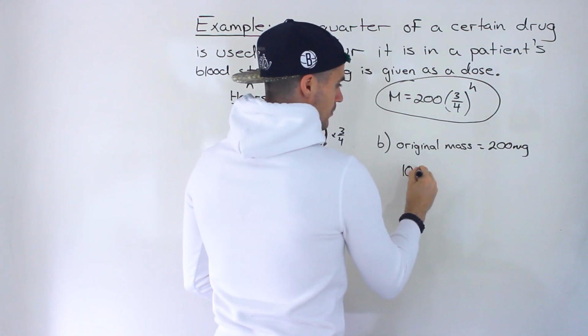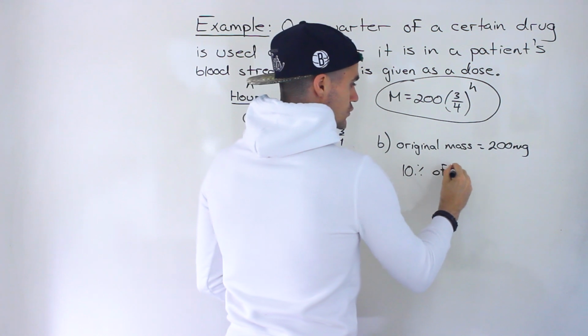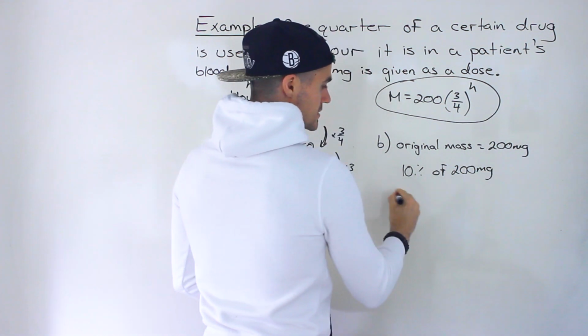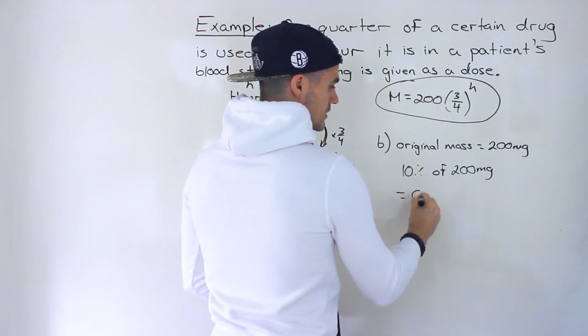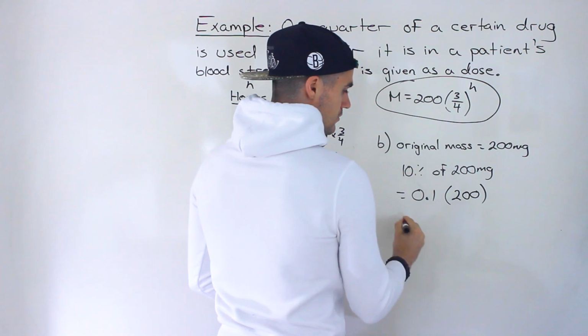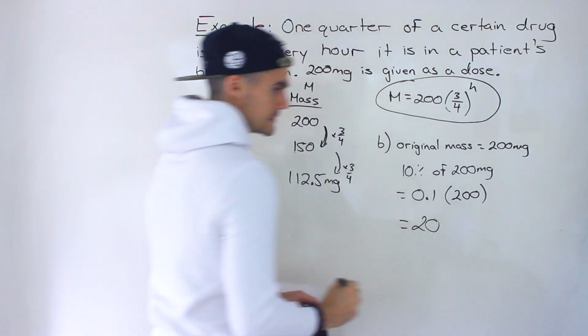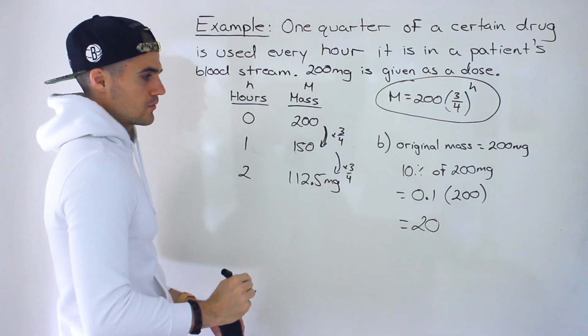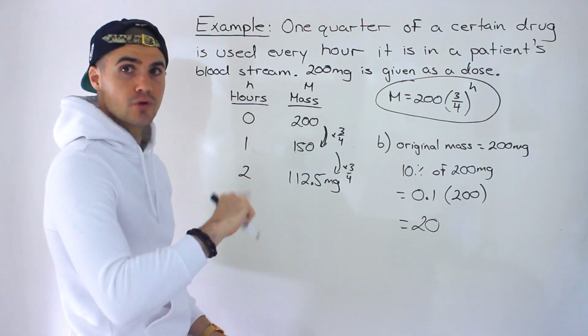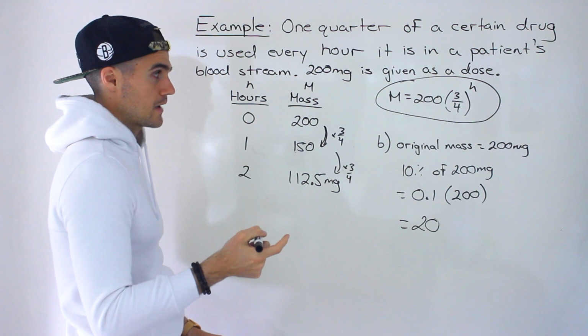Well, what is 10% of 200 milligrams? We would take 0.1, multiply it by the 200, which would give us 20. Right? So 20 milligrams is 10% of that initial mass.